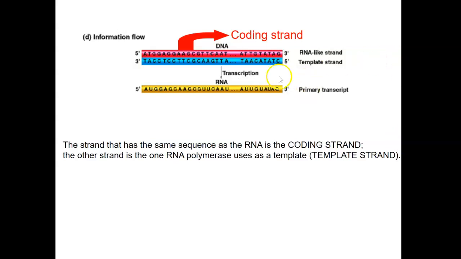So if you look at the sequence of this strand highlighted in red, you see it has an ATG, GAG, GAA. And now if you look at the transcript, it's going to be identical to the coding strand with the exception of T's having been replaced with U's. So our transcript looks like our coding strand.